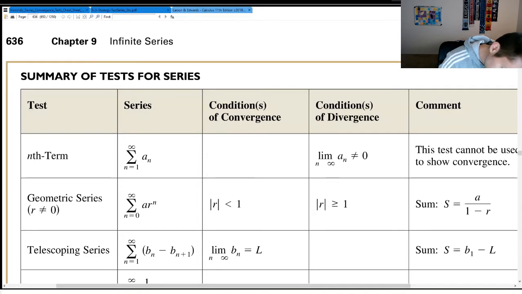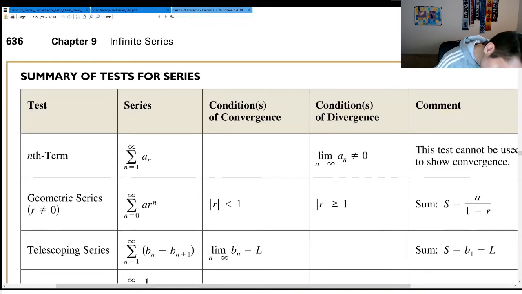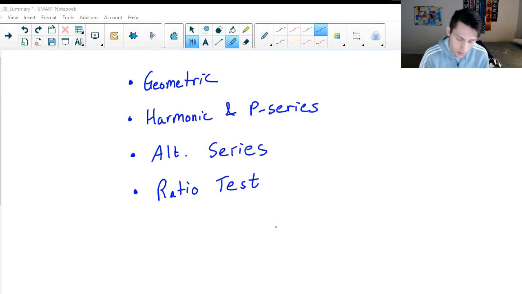10.8, ratio test. 10.11, that's something we haven't gotten to yet. Okay. But it's not a test. So these are the 4 specific tests that AP has said you need to know.